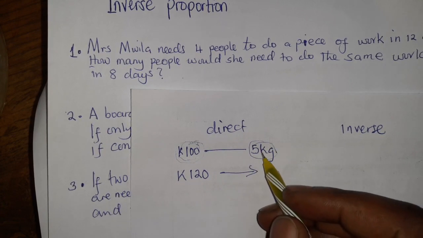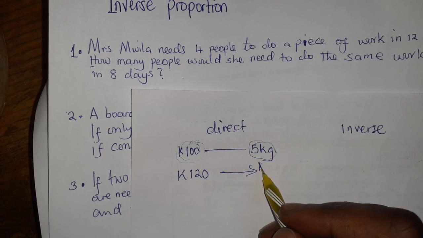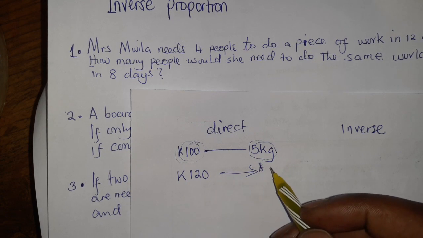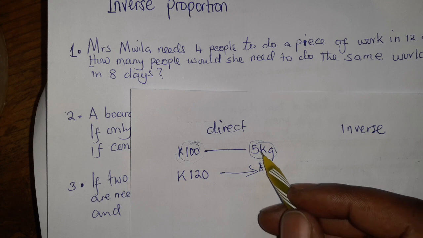Even before you find the exact number of kgs that this amount is going to buy, what can you conclude about the kgs?